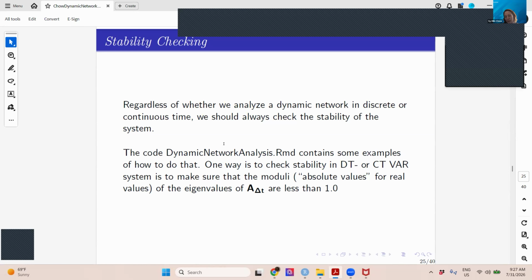The stability of the system makes sure that when you have the ball rolling into a valley, the ball eventually gets to the bottom of the pit, the equilibrium, the set point, as opposed to having a peak or a hill, where it moves away from the top of the hill rather than going towards it. You can't stay at the top. Whether you have a discrete time system or a continuous time system, it is important to do that.